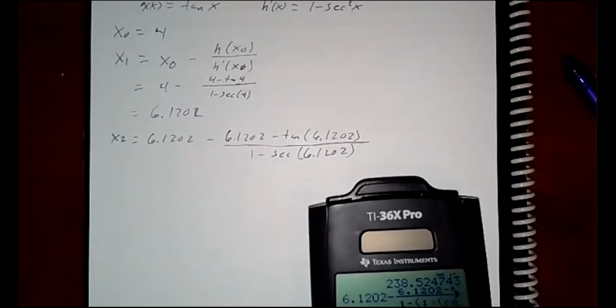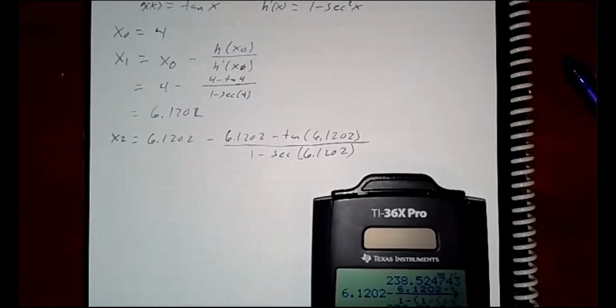One minus secant squared is cosine squared. Oh shoot, am I in degrees or radians? Radians. Okay, that's good.